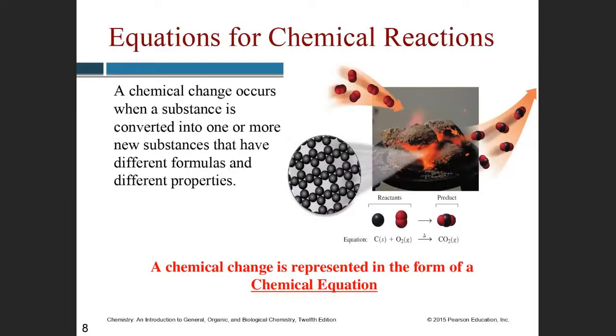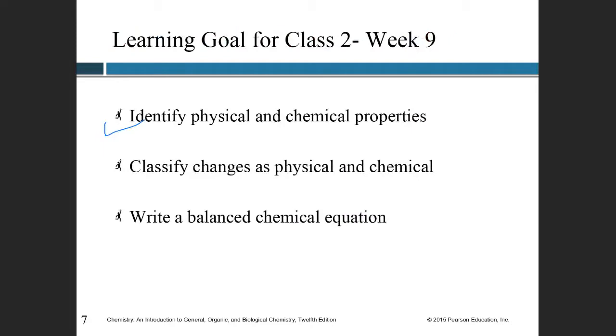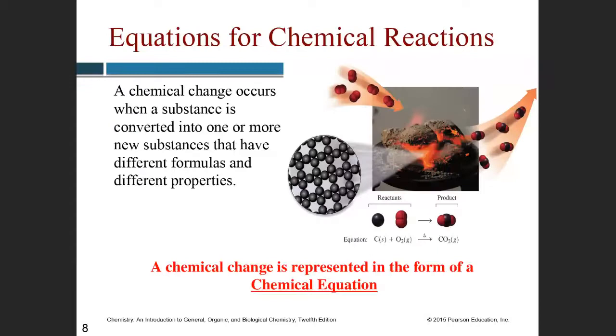So now we talked about the first learning goal. The second learning goal, that's the most important. We are going to speak about how to write a balanced chemical equation. Let's start with the idea to identify what the chemical changes are.